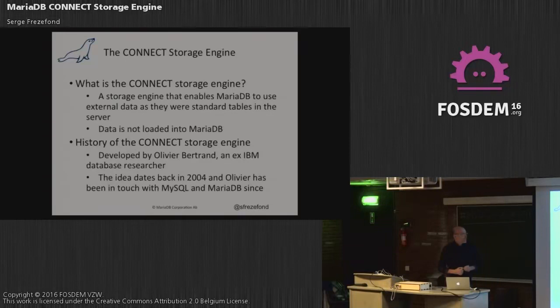Another very interesting feature that is used is the capacity to auto-discover the structure of the table. Normally, when you create a table, you give the column type, column name, and so on. Here, you can create a table based on something that is external, a file or a remote database, and the storage engine will auto-discover the structure.